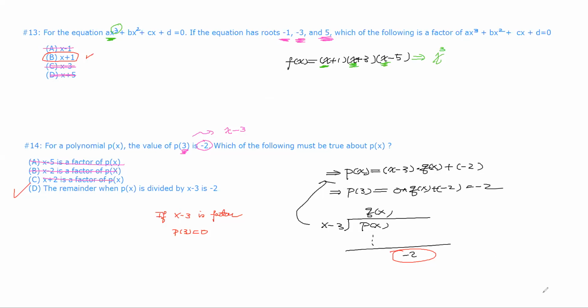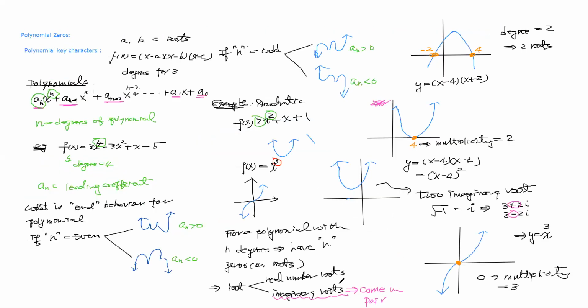That's exactly what we talked about at the beginning. Those are very important things. They could be real number roots and also imaginary number roots. If they're imaginary roots, they always come in pairs. You cannot have 3 imaginary roots. You can have 2 imaginary roots or 4 imaginary roots, but you can never have 3 or 5 imaginary roots.